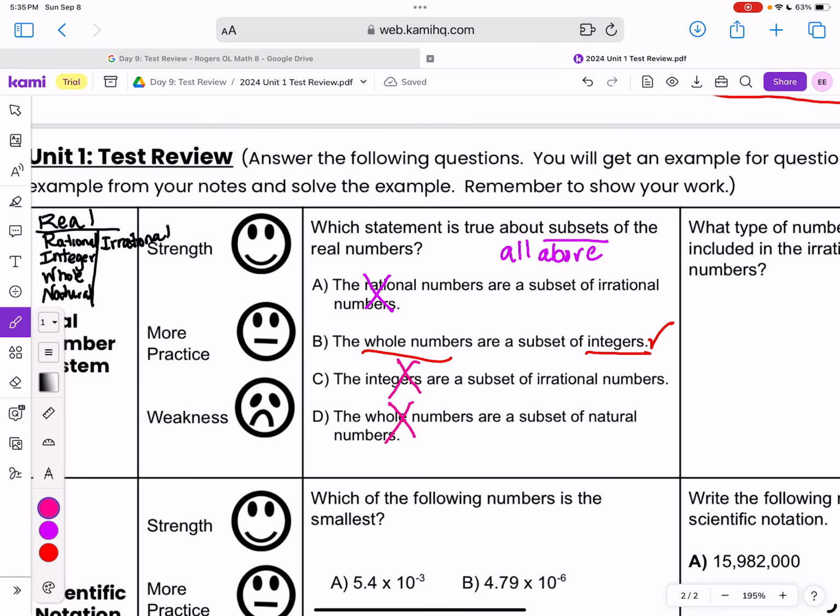Let's take a look at one over here. What type of numbers can be included in the set of irrational numbers?